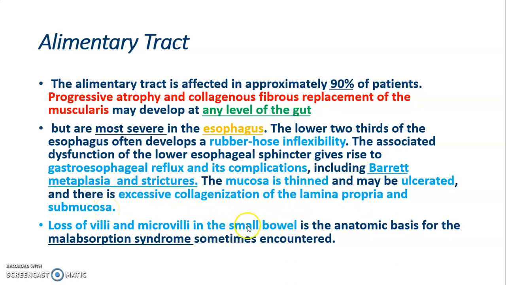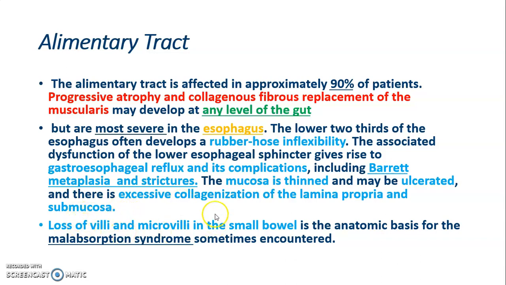In the small bowel, there is loss of villi and microvilli, leading to malabsorption syndrome. So, in the alimentary tract, the muscle is replaced by collagenous fibrous tissue, and the esophagus is most severely affected, leading to inflexibility, Barrett esophagus, and strictures, and the mucosa is ulcerated, with excessive collagenization in the lamina propria and submucosa.